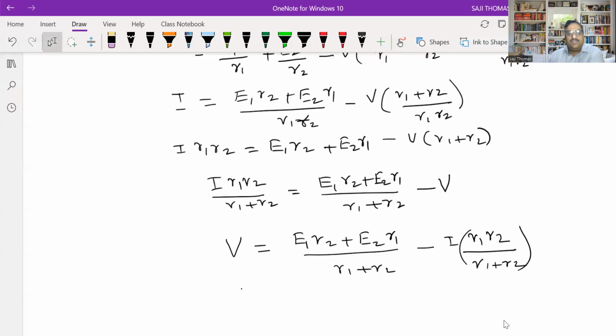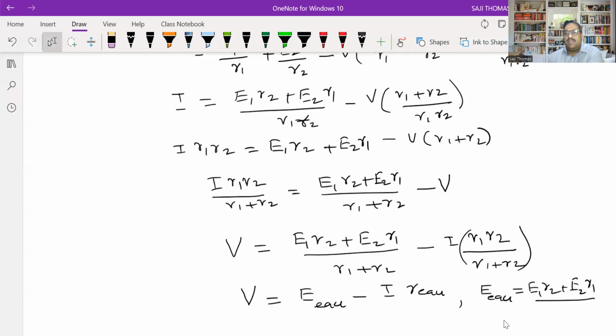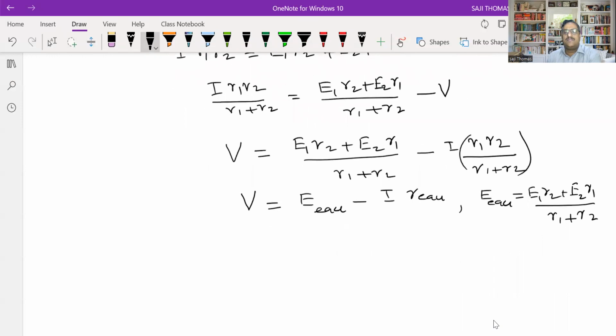Okay, this can be written as V equals E equivalent minus I into R equivalent. What is E equivalent then? E equivalent is (E1 R2 plus E2 R1) divided by (R1 plus R2). Similarly, what is R equivalent?